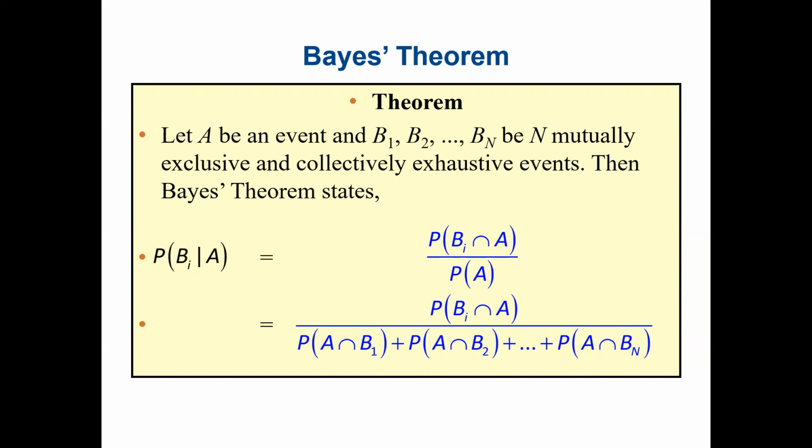We have to take only one. Which means it's mutually exclusive. And collectively exhaustive means we have only two options, not more than two. So if these two conditions, mutually exclusive and collectively exhaustive events, hold, then we can use the Bayes theorem to solve the problem.